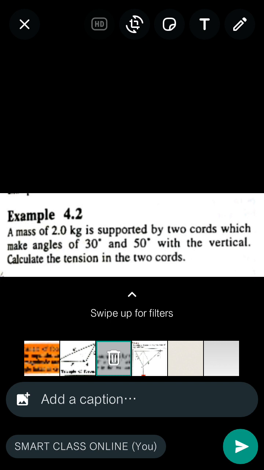Then we are going to interpret the diagram. Since it says that the mass is supported, that means the mass is hanging and in position, not moving, by two cords. One of them is inclined at angle 30 degrees and the other at angle 50 degrees to the vertical.